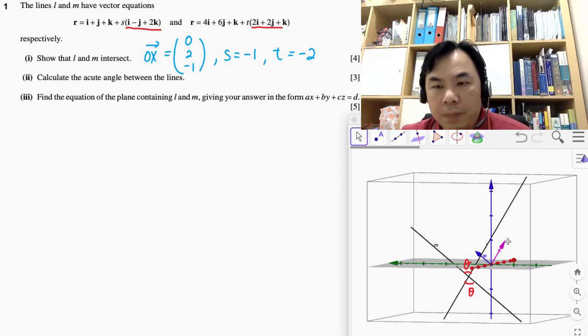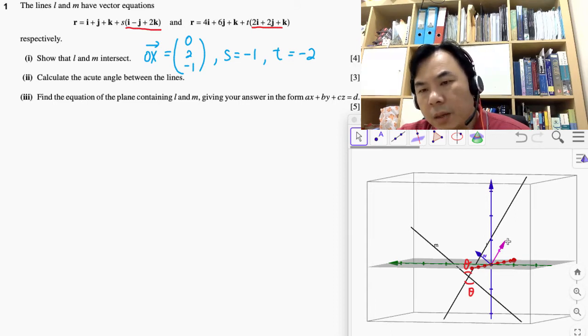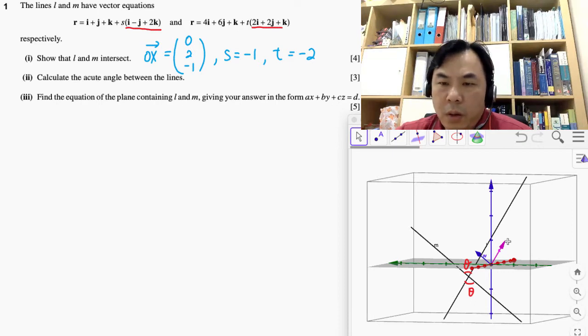So you can see the pink arrow and the blue one. The pink vector represents the direction of line L, parallel to line L, whereby the blue arrow represents the direction for line M.